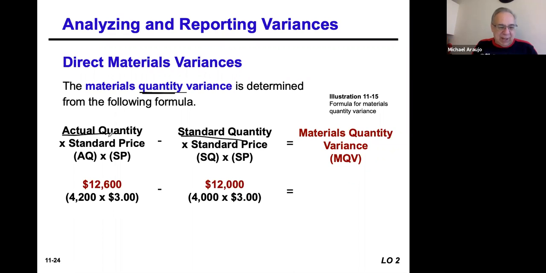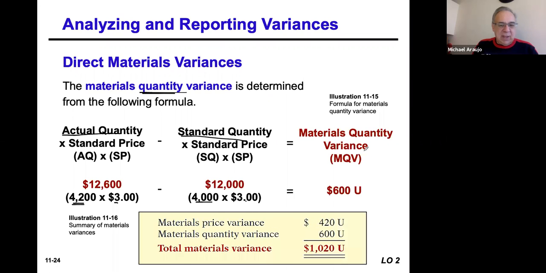We actually used 4,200 pounds, which made it $12,600 if we stuck with the standard price. We were only expecting to use 4,000 at 3. So this accounts for the additional 600 difference, which is the quantity variance.